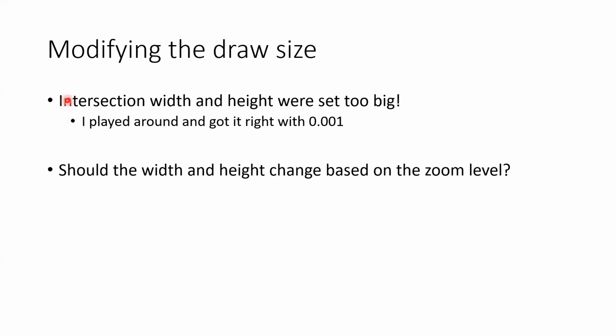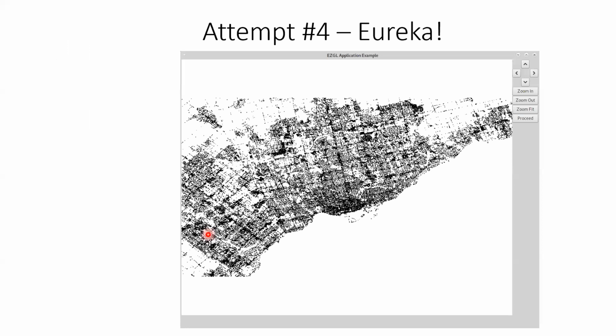And then the question to consider when you're writing your own milestone 2 is, should the width and height, which is set to 0.001 now, change based on how much you are zooming in? Let's keep that question in mind, and here is what we will get after changing the size of the square to be 0.001.